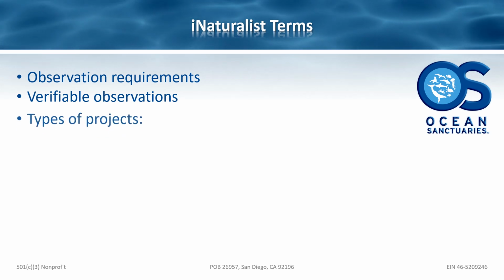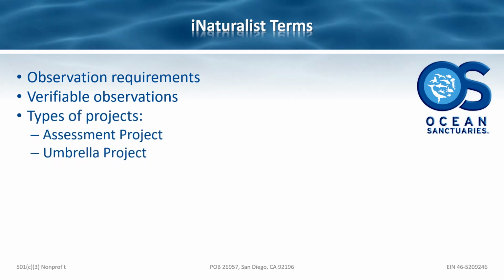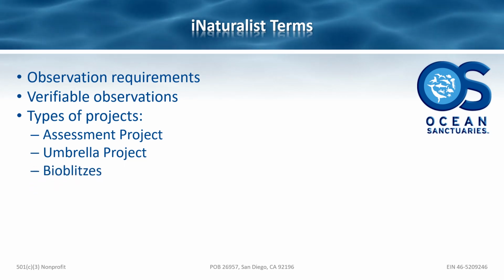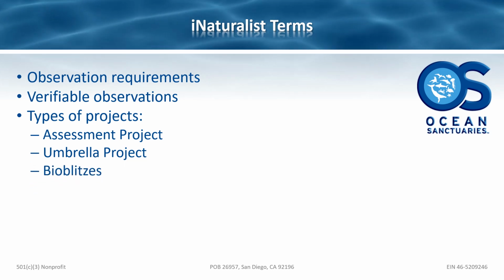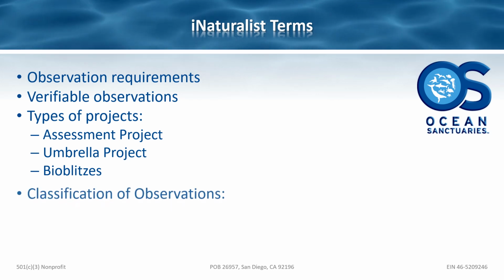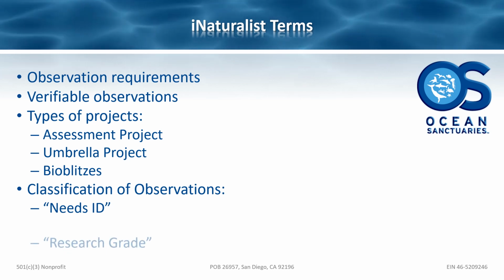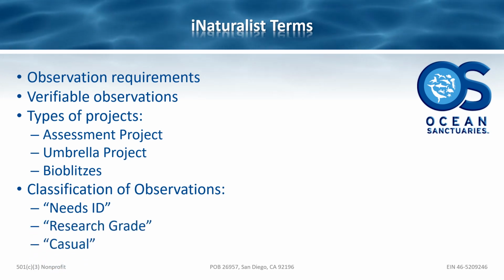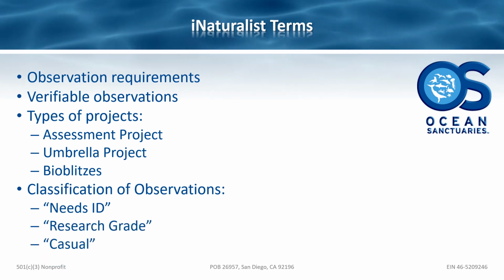Every observation meeting those requirements automatically gets marked as needs ID. The community can help confirm identification by looking for observations with needs ID. In a later slide, we will discuss the types of projects, as well as the classifications of these observations.